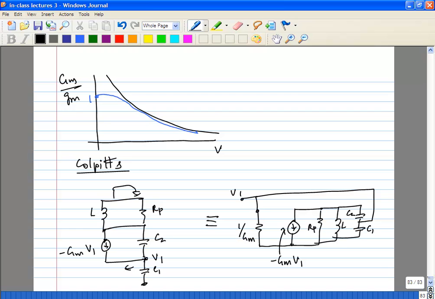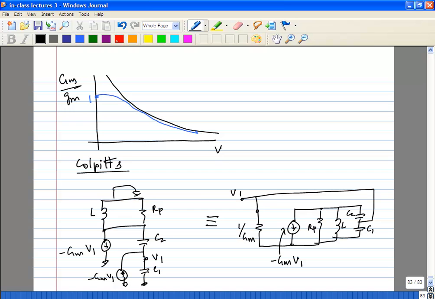So effectively what you can do is split this like this, right? This is nothing but a 1 over GM impedance.